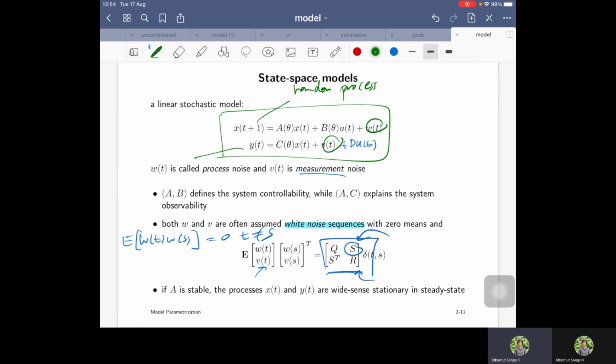So the very first result is that if the matrix A is stable, since W and V are assumed to be white noise, which also implies that these two are wide sense stationary processes, then we can show, actually this is a theorem, that the processes X and Y are wide sense stationary in steady state.